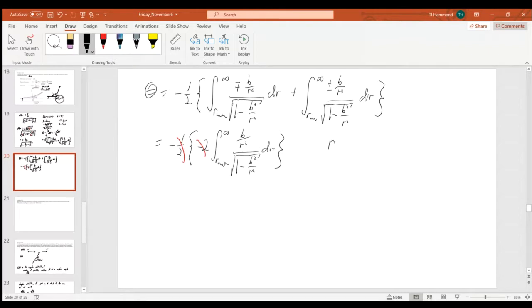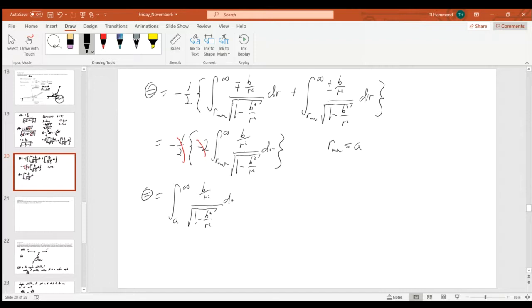Closest approach is, of course, going to be a. So what we get is this capital theta is going to be the integral from a to infinity of b over r squared over the square root of 1 minus b squared over r squared dr. And you can look this up in an integral table.